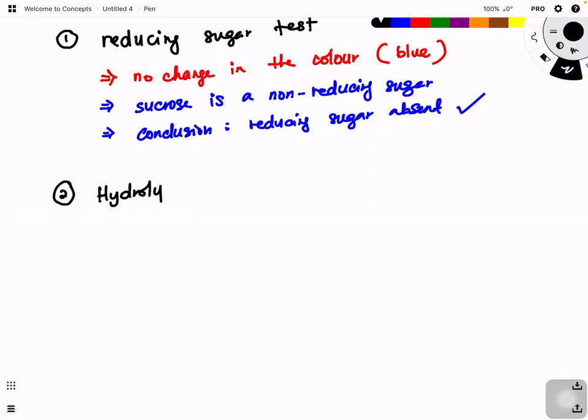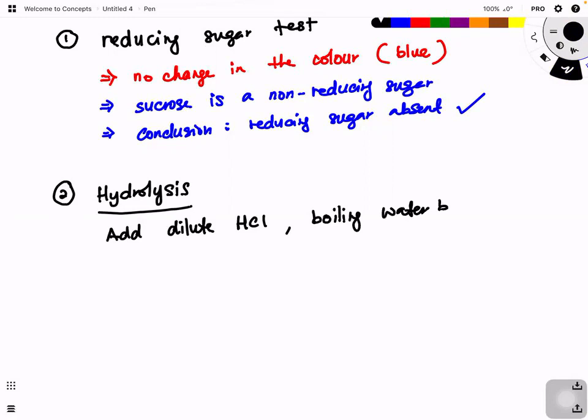So how do we carry out hydrolysis? We add dilute HCl, correct or not? And then we heat it in a boiling water bath for 3 minutes. In this process, what actually happened?